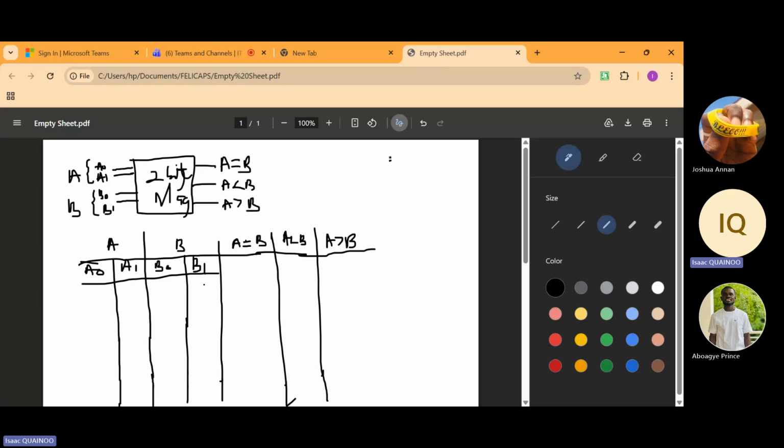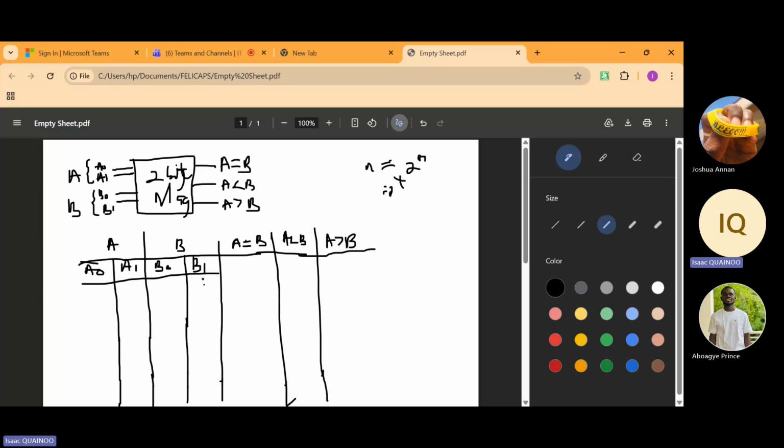The general rule when drawing truth tables is that if you have n inputs, your number of input combinations is going to be 2 raised to the power n. Here, how many inputs do you have? Input 1, which is A0, input 2, which is A1, and so on. So you are going to have 2 raised to the power 4, which is 16 combinations.